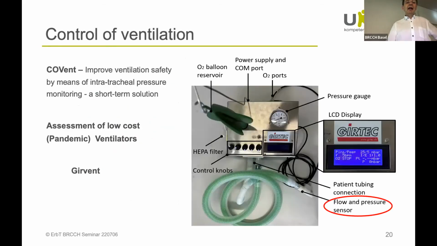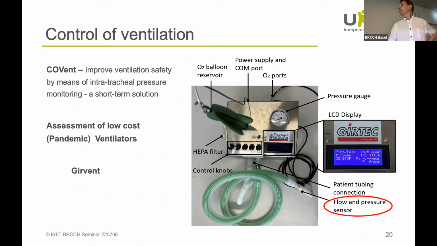Now, another thing is, I mentioned it's monitoring and also controlling the ventilator. As mentioned, our project is related to the COVID pandemic. As part of this grant, we assessed low-cost ventilators, and one of these ventilators is the so-called COVent.